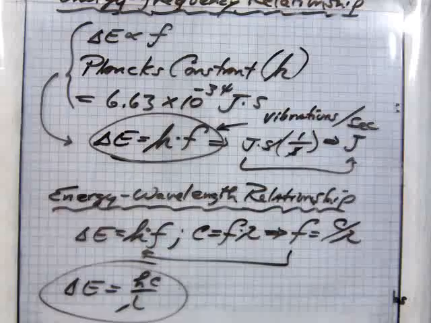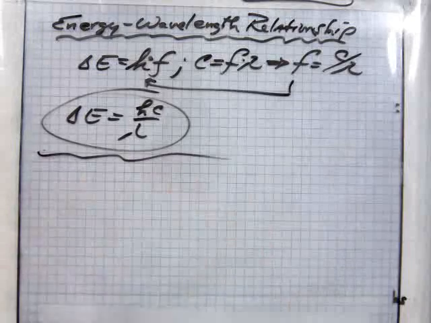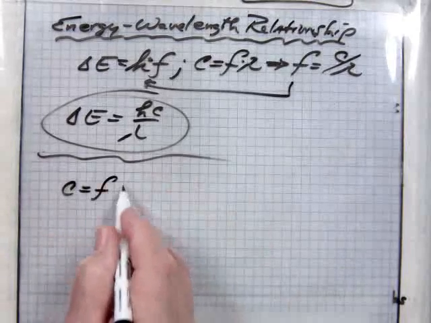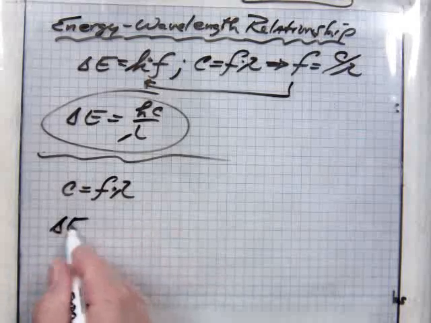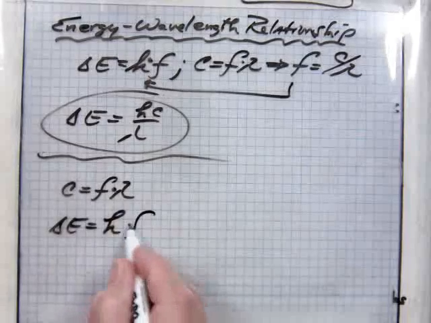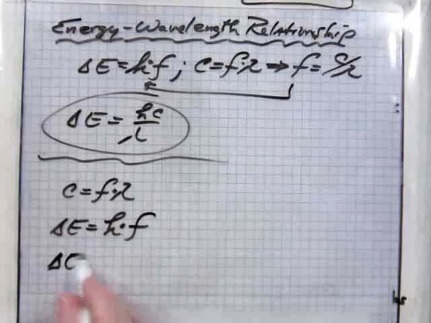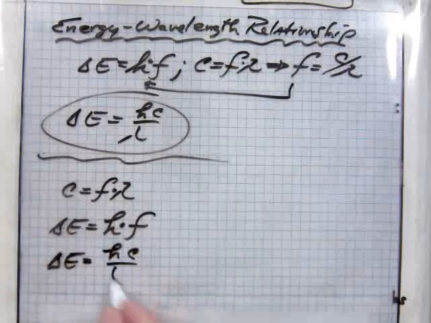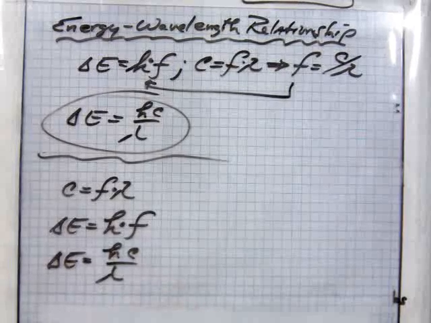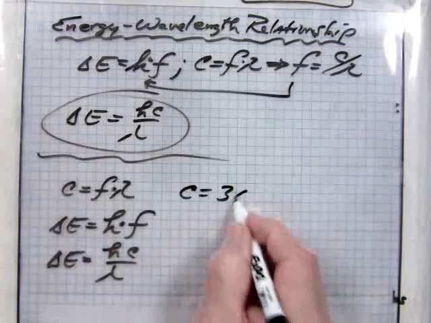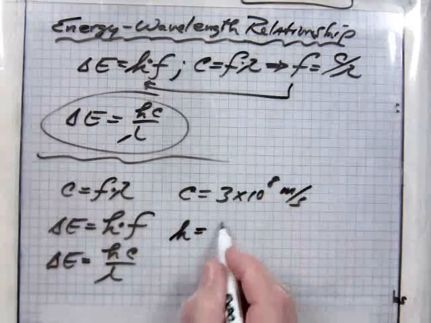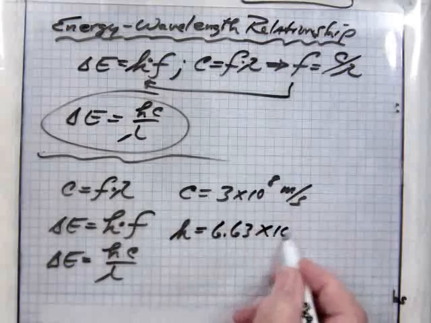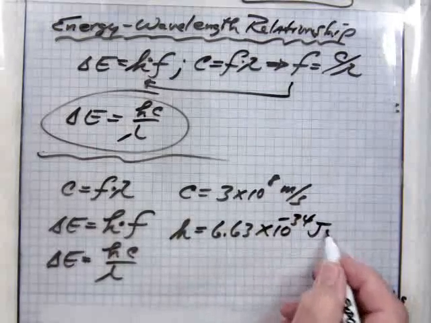So to summarize these three, just to put them in one place, you have c equals f lambda that you will need to use. You will have delta E equals Planck's constant times the frequency, and you have an energy equation, hc over lambda. c is 3 times 10 to the 8th meters per second, and Planck's constant is 6.63 times 10 to the minus 34 joules times seconds.